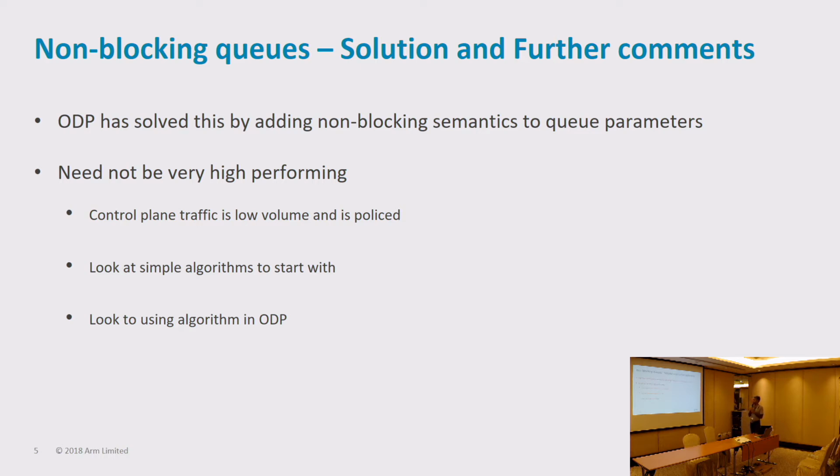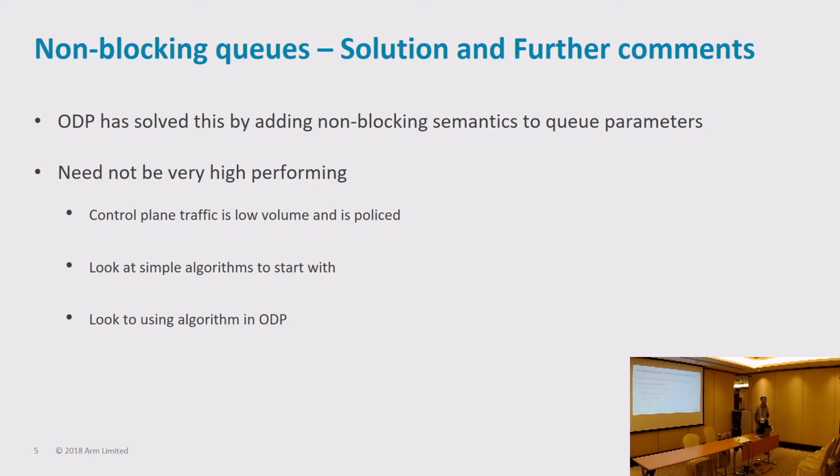We can take this feature to DPDK, obviously, and I don't think we need a very high-performing algorithm here, because the control plane traffic is low in volume compared to the data plane traffic, and it's usually polled. So we are planning to look at some simple algorithms to start with.